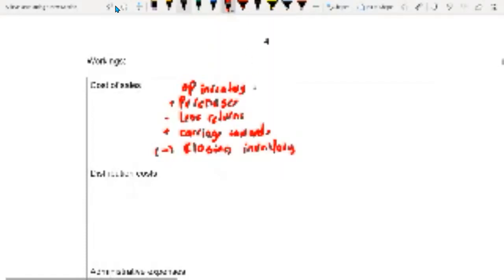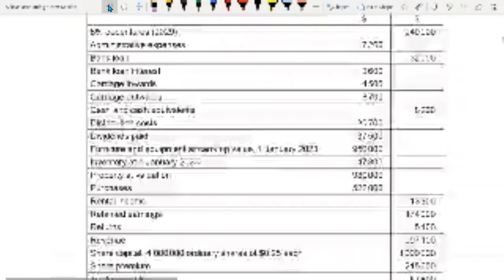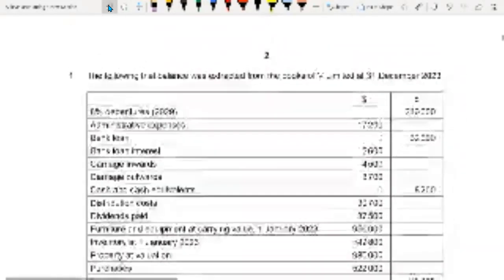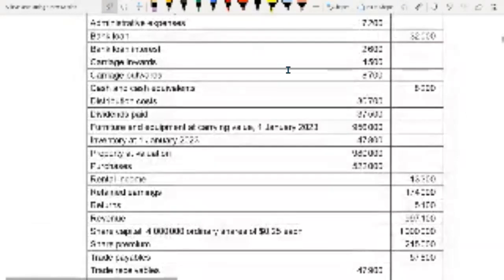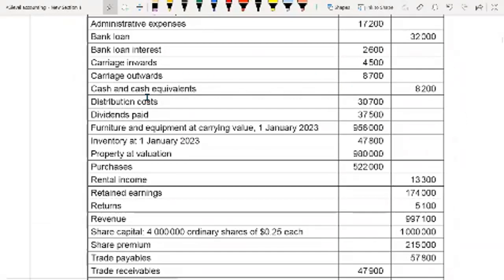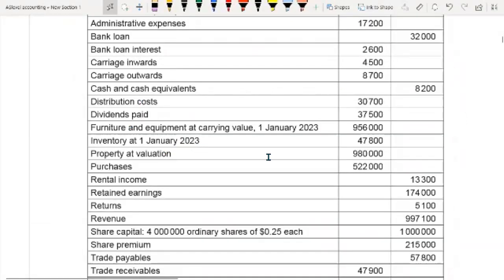In the question, we have carriage inwards, which is 4,500, and opening inventory, which is 47,800. Purchases are 522,000.